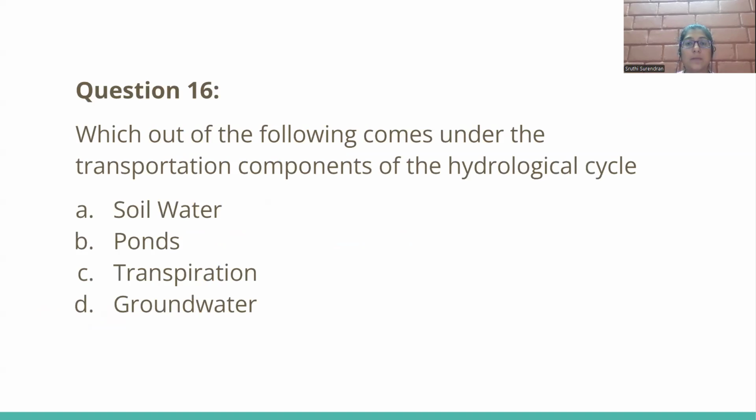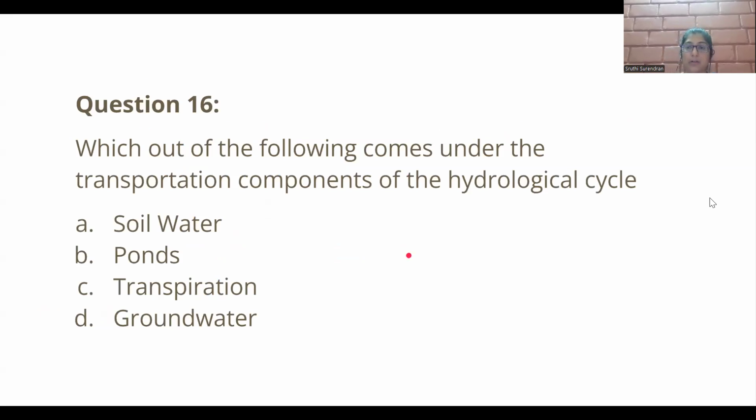Now, moving on to the next question. Which of the following comes under the transportation components of the hydrological cycle? We earlier learned two categorizations of the hydrological cycle: the atmospheric phase and the terrestrial phase. This is based on the movement of the hydrological components, which move and which don't.